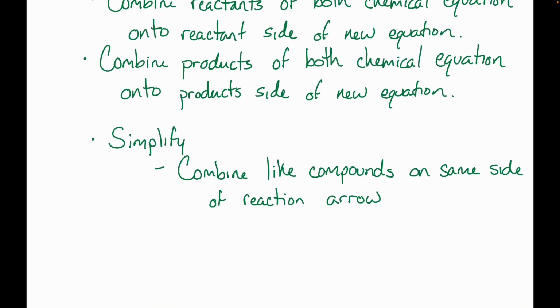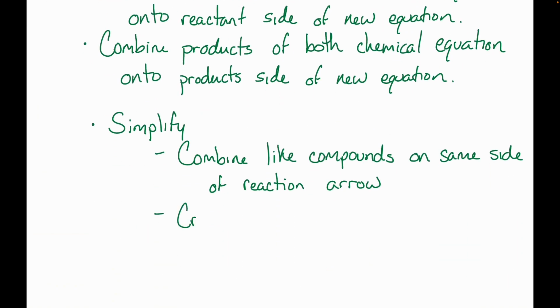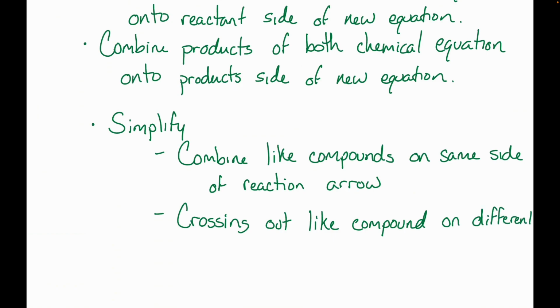We simplify by first combining and then by crossing out our like compounds that appear on different sides of our reaction arrow.